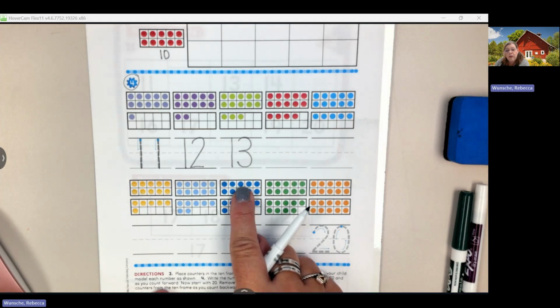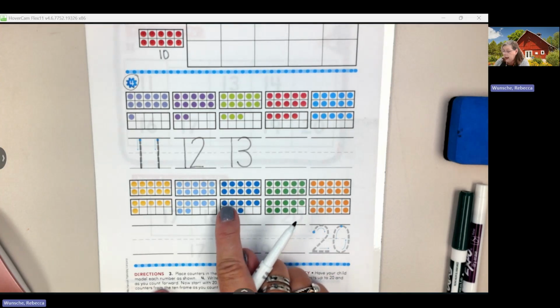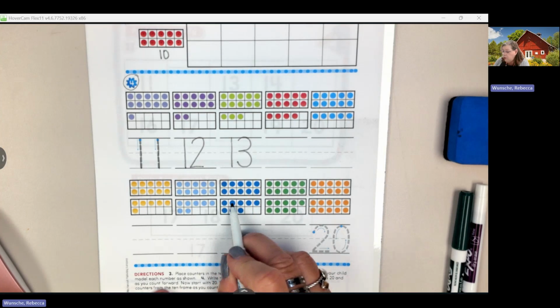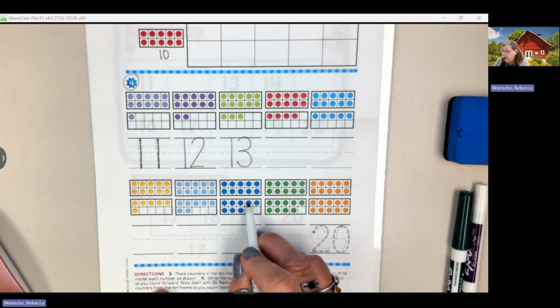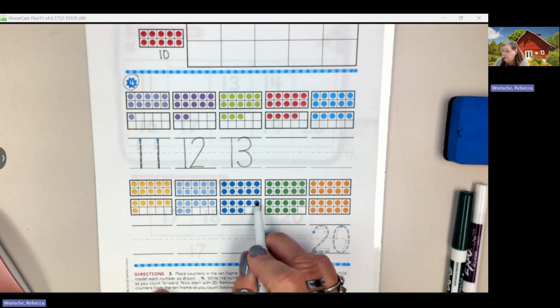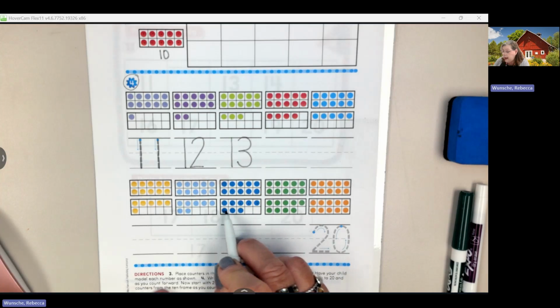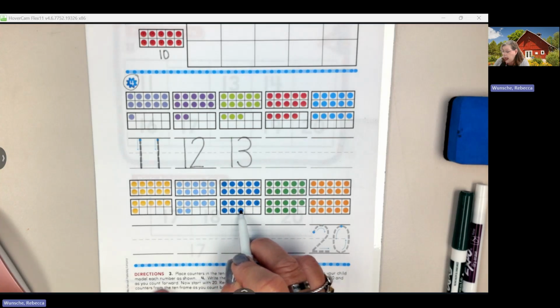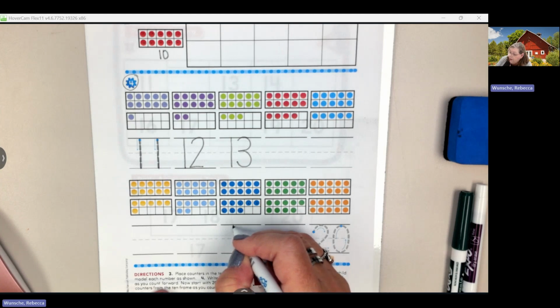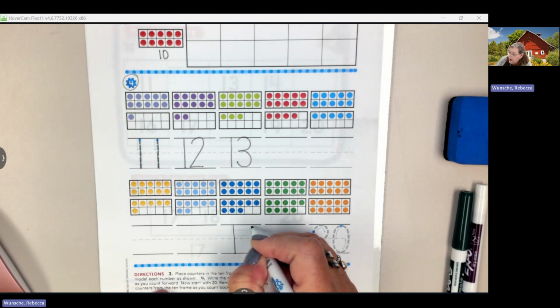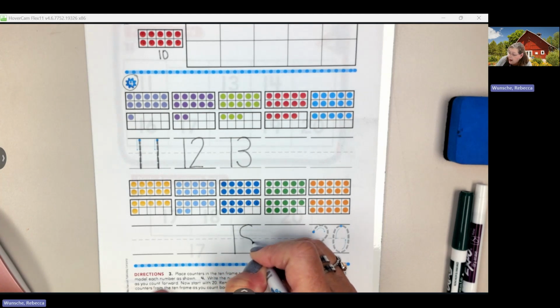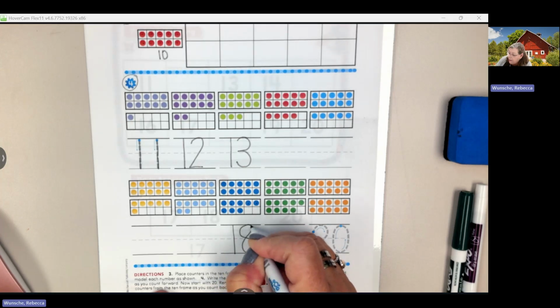So I'm going to start with 10 and then I'm going to count on from there. So here's 10, 11, 12, 13, 14, 15, 16, 17, 18. And I can write the number 18 underneath my 10 frame example.